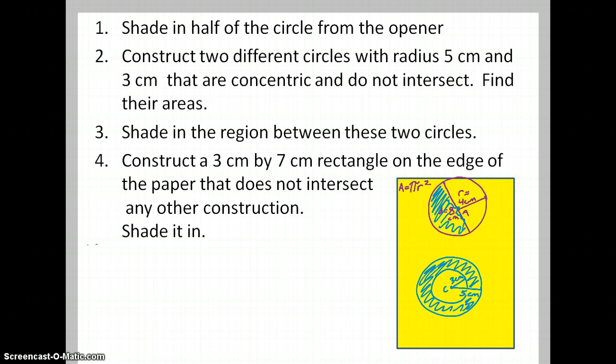And then finally construct a 3 centimeter by 7 centimeter rectangle in the corner of the page, so we can measure over 3 centimeters like this, then up 7, and we could shade all of that in.